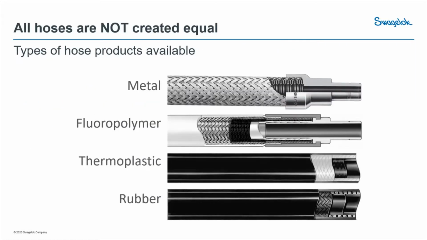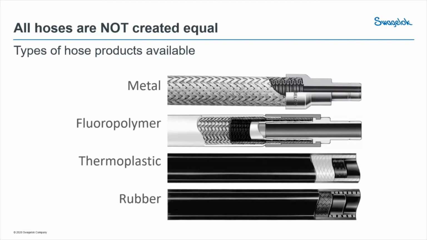So getting into general hose categories, here we have metal. I'll just run through these quickly. Metal has this corrugated stainless steel core, and the corrugations allow it to be flexible. So that has a variety of applications where you really need that flexibility and that stainless steel. Second, we have this fluoropolymer, which is PTFE or a Teflon core hose.